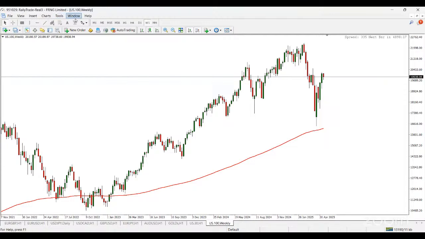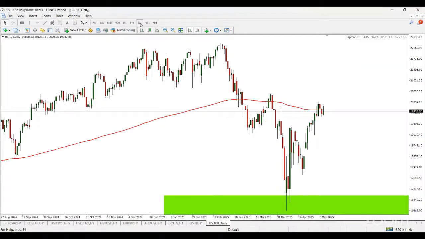So let me go ahead and pick this point and show you this place. It's basically acting as support at this junction. And of course in the future it will also still act as that support. I was actually hoping that the price will get to this moving average in the future, so it's going to be acting as support. And by the time we go to D1, it will be clearer.